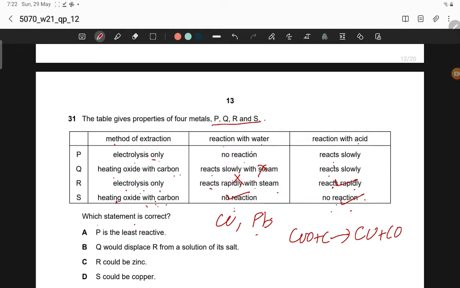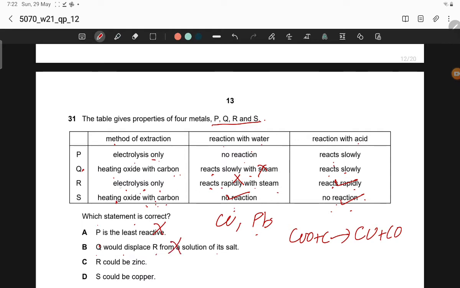P is the least reactive. No, P is not the least reactive. Q would displace R from solution of its salt. Q: heating oxide with carbon, reacts slowly with steam. R: electrolysis only.